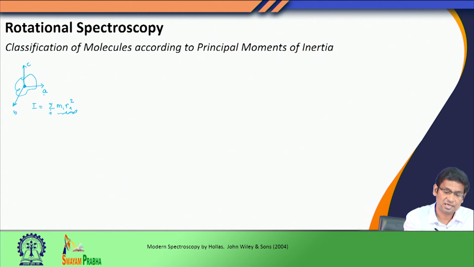So, these 3 axes A, B, C are called principal axes, and corresponding to each of these axes, I can define I_A, I_B, I_C as the 3 principal moments of inertia, where I_A is the moment of inertia around A axis, I_B is around B axis, and I_C is around C axis.